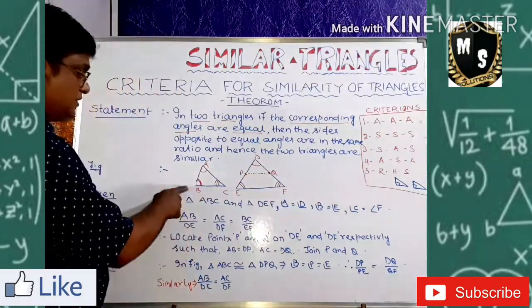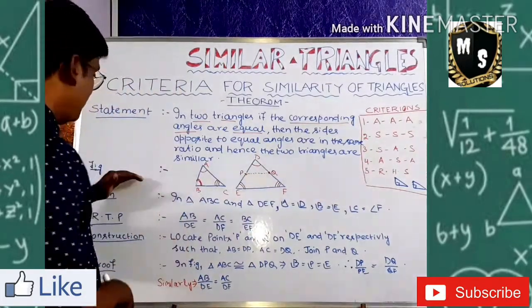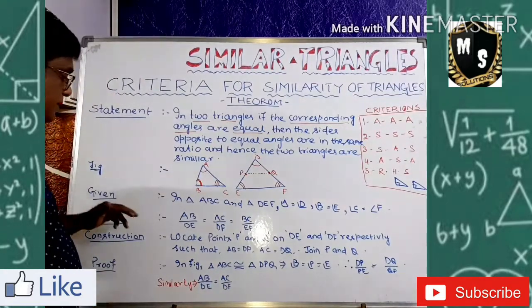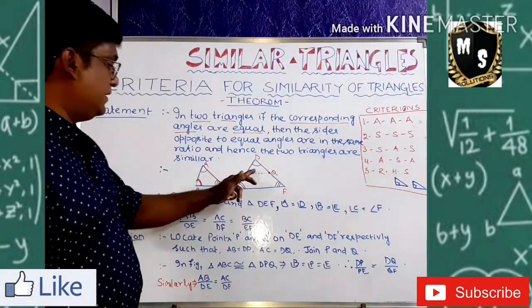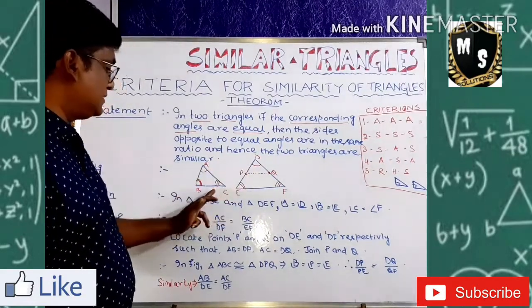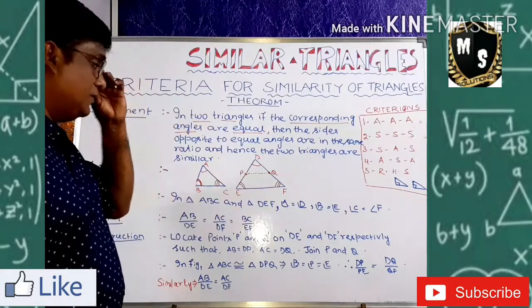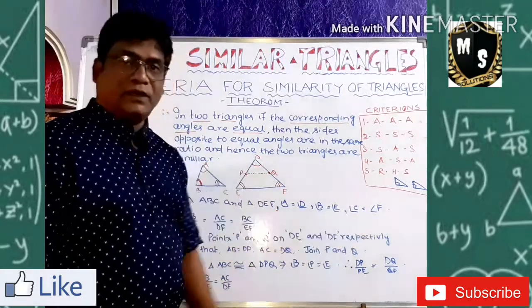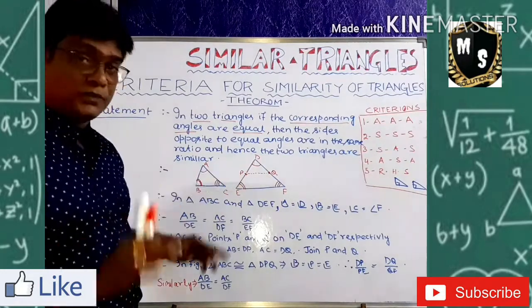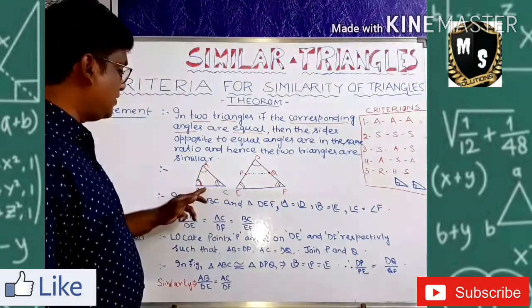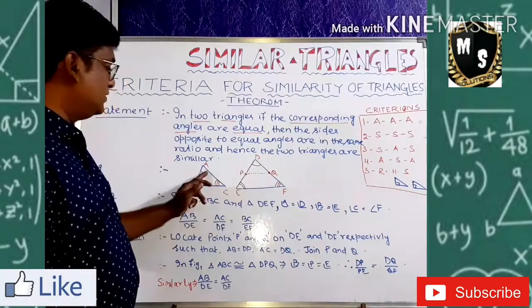So I hope you understood this figure. So after figure, what is that? Given. See what is the given? In triangle ABC and DEF, angle A equal to angle D, angle B equal to angle E, angle C equal to angle F. It is given to you. I wrote here. Clear? Now what to prove? Right to prove is equal angles opposite sides. A angle opposite BC, D angle opposite EF. These two are same.